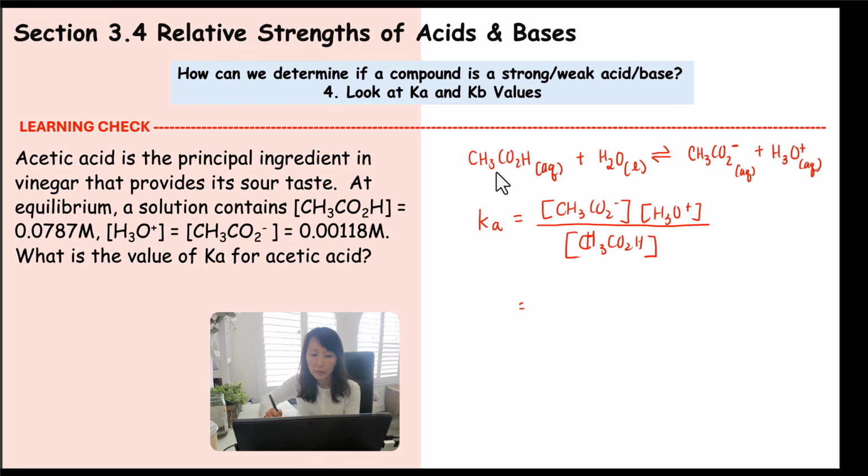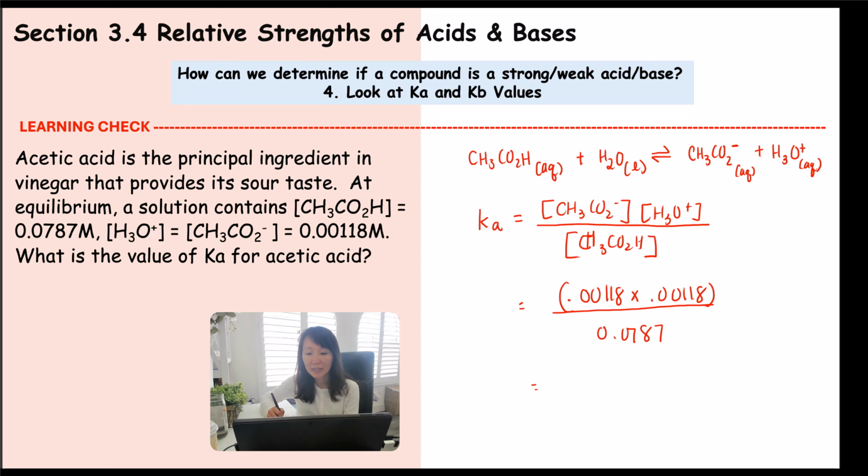So let's go ahead and plug in the values. This is 0.00118 times 0.00118, then divided by 0.0787. So pause this video and see if you are able to calculate this out.